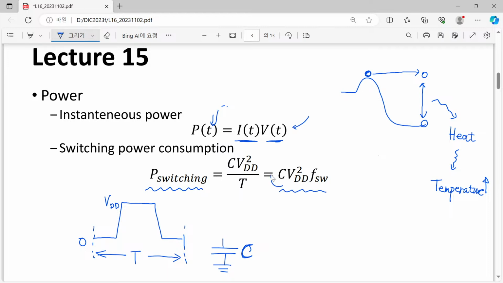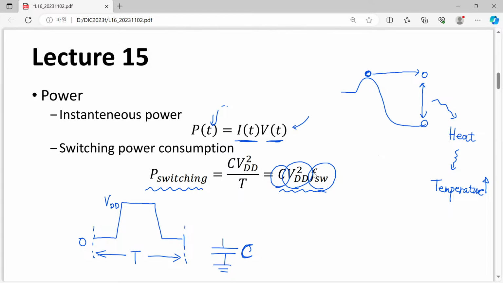So if you have a higher capacitor, then you will have larger power consumption, and you have quadratic dependence on the operational voltage and linear dependence on the frequency. That was covered in our previous lecture.